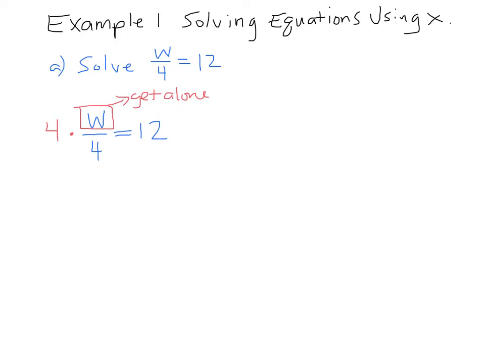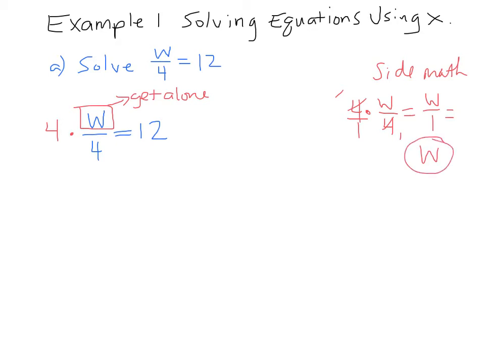So even if I were to set this up to do a little bit of side math over here, I would do 4 times W over 4, which would just look like this. Cross factor out my 4's and get 1, so 1 times W is W. 1 times 1 is 1, which we all know equals W. So there's my side math proving that now I've gotten it down to just W on this side.